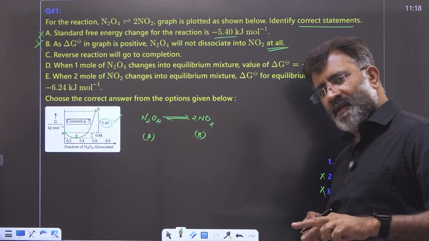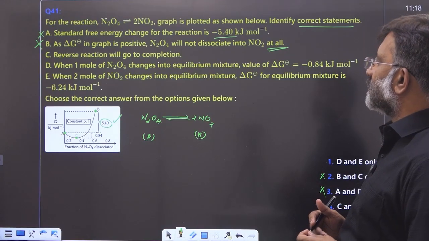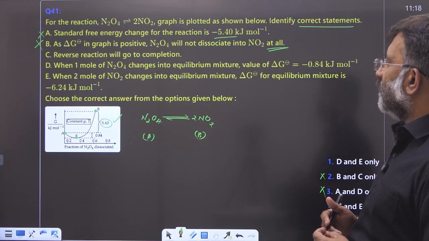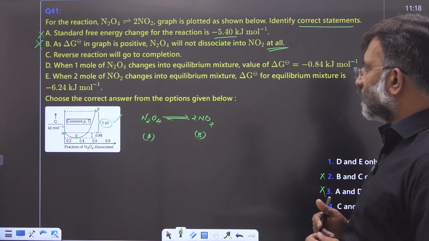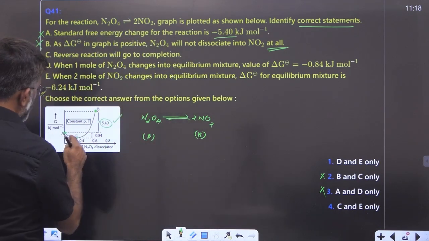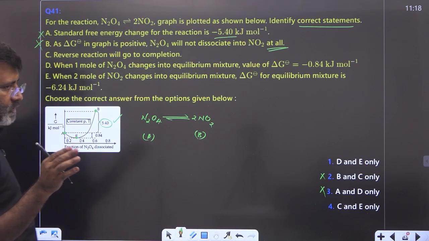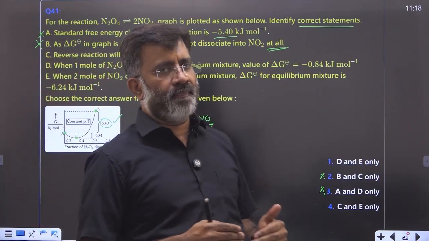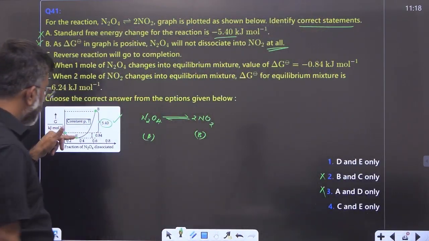So analyzing the first statement, we eliminate one choice. Analyzing the second statement, we eliminate one more choice. Left with two more choices. Reverse reaction will go to completion? No, the reverse reaction will come up to this. This is the end point. It can't go to completion. There is an equilibrium where delta G comes to be minimum.